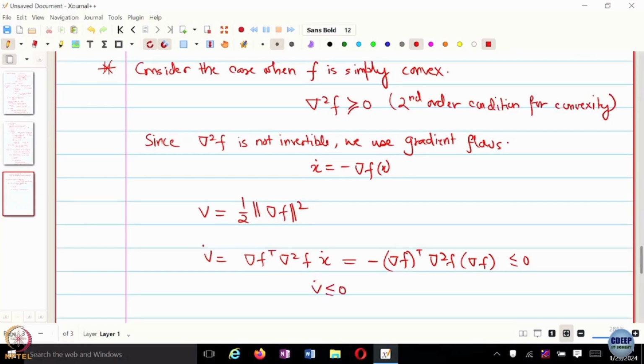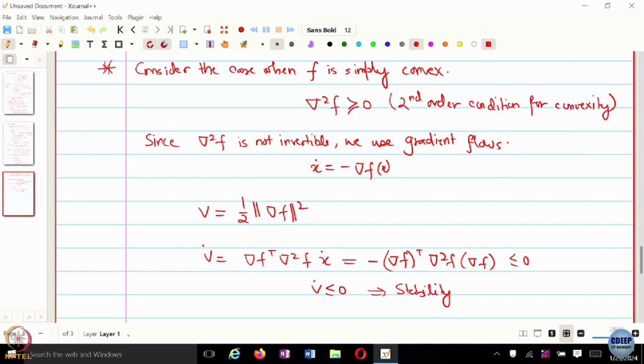So all we can say is v dot is less than or equal to 0. What can we conclude from this? Not even asymptotic, just stability. Just stability, right? For asymptotic, you want v dot to be strictly less than 0. So all we can conclude is stability of the equilibrium. That means your iterations are not going to go off, but convergence of x to x star is also not guaranteed here, at least just from this analysis.